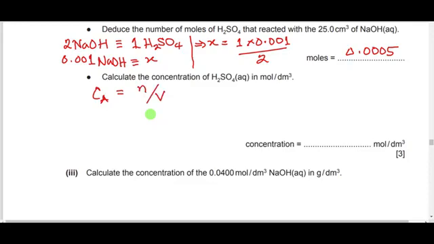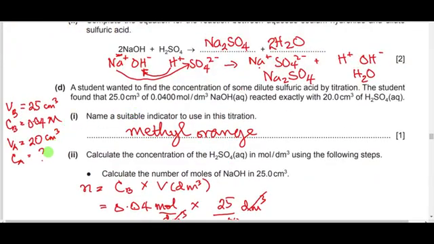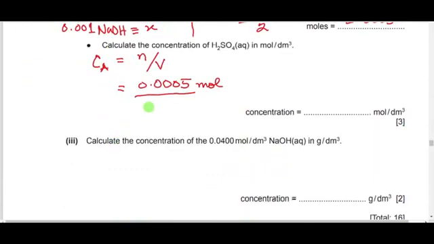The number of moles we calculated is 0.0005 mole, all over the volume of the acid, 20 cm³. 20 cm³ in dm³ is 20 over 1000. So that is 0.5 over 20, which is 0.025 moles per dm³. So the concentration of H2SO4 is 0.025 moles per dm³.